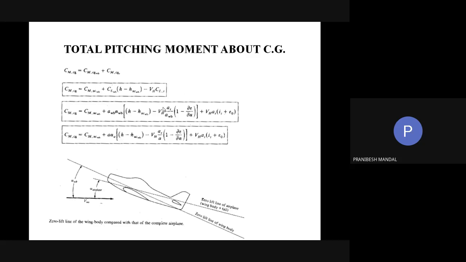So the term in the third bracket must be negative. Isn't it? Anything else? Yes, sir. Negative. From the terms in the third bracket, what is the term you can change? Just like outside the bracket, iT you can change. From the terms in the third bracket, what is in our hand?